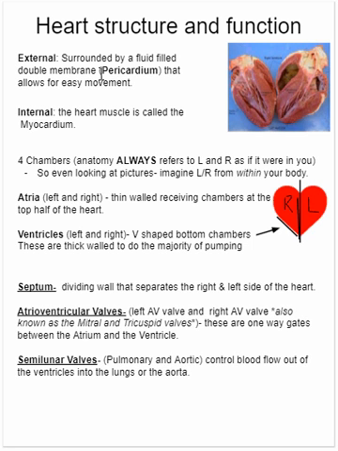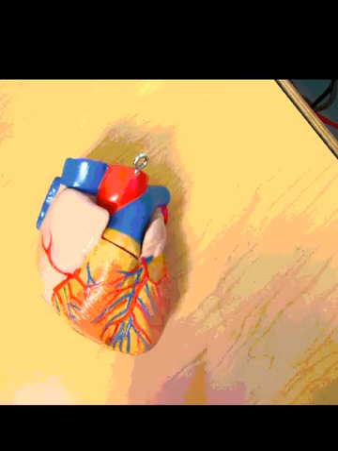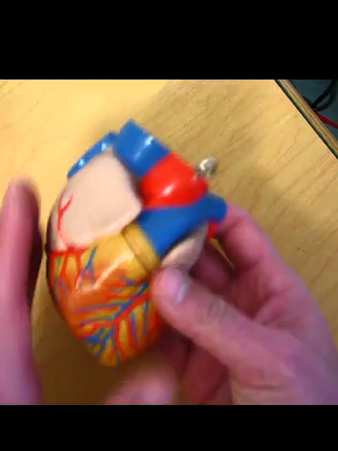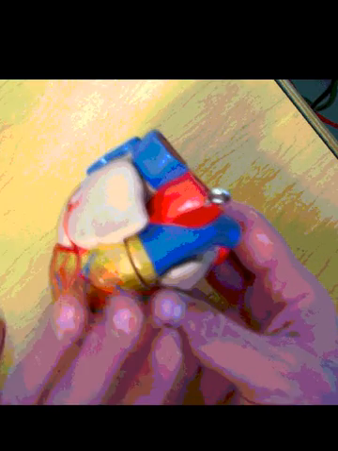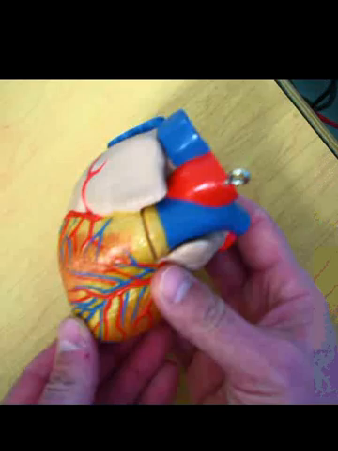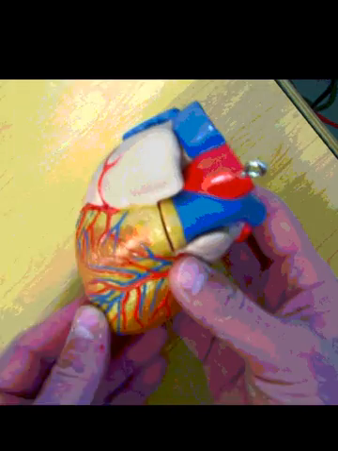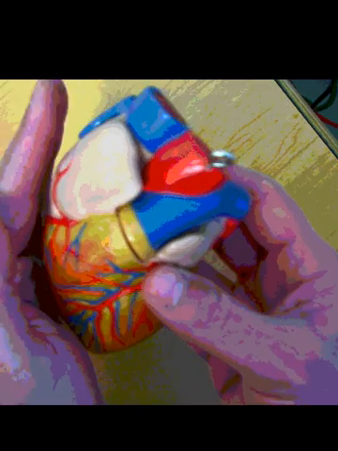Externally, the heart is surrounded by a pericardium. This is a root peri. That prefix peri means around. And I'm going to actually pause for a moment and bring this up because this model of the heart gives me an opportunity to say that pericardium is two layers. So there's a layer that is attached directly to the outside of the heart, but there's a second layer around that.